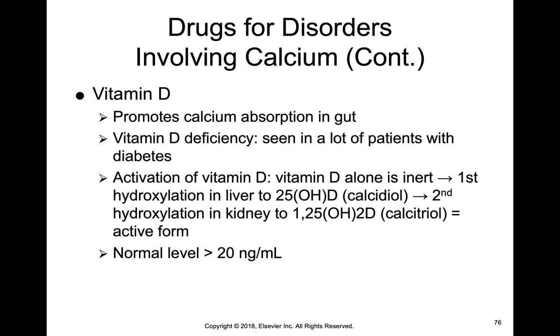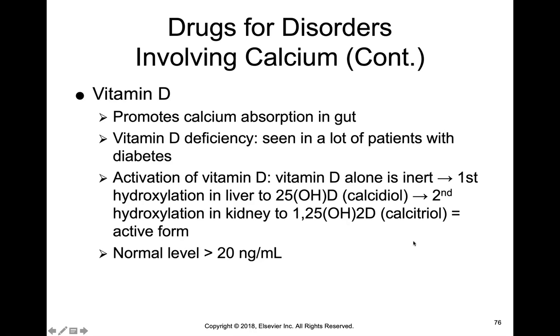Now, keep in mind, vitamin D needs to be activated, so vitamin D alone is inert. It'll undergo two hydroxylations. The first hydroxylation is in the liver, so you do need a functioning liver. That metabolite is called calcidiol. And then the calcidiol finally gets activated in the kidney to calcitriol.